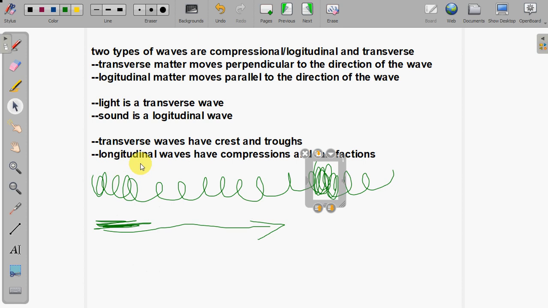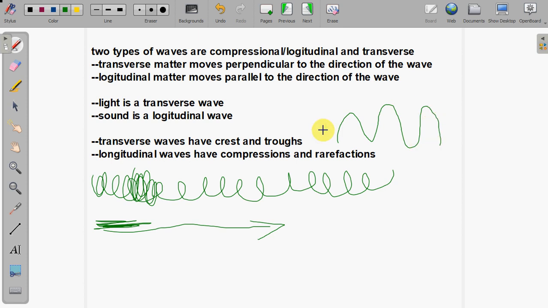Okay, so transverse waves have crests and troughs. Longitudinal waves have compressions and rarefactions. So again, the part where it's scrunched together, that would be a compression. Where it's stretched out, that would be a rarefaction. Going back to transverse waves for a second, they're going to look something like this. Okay.